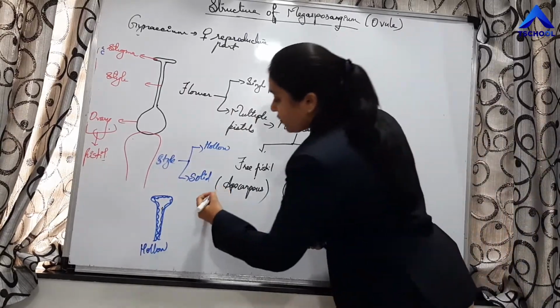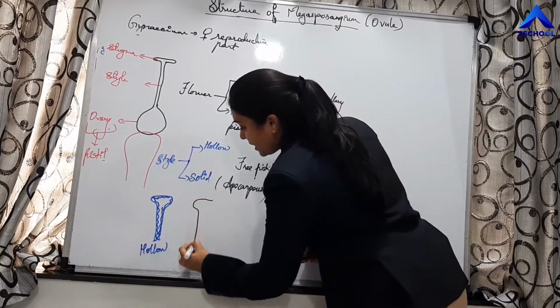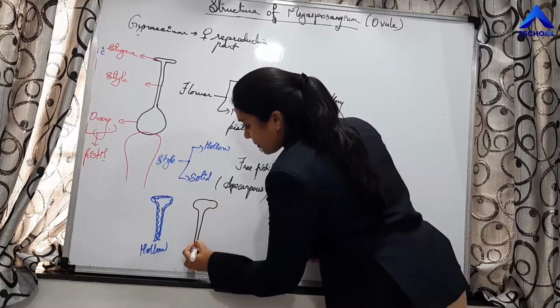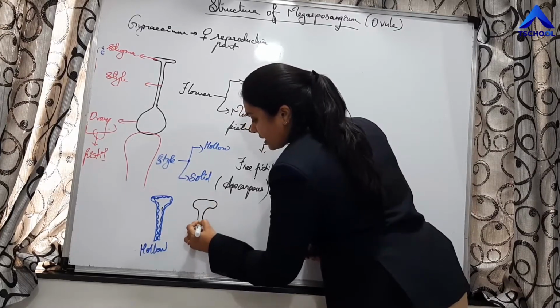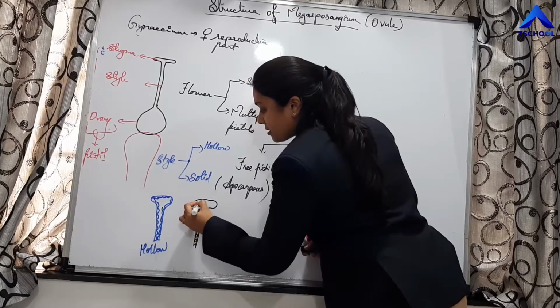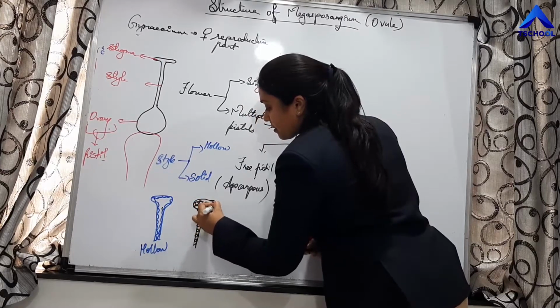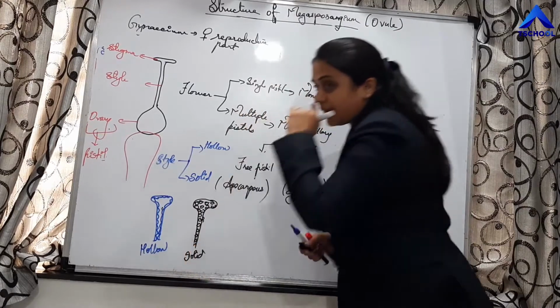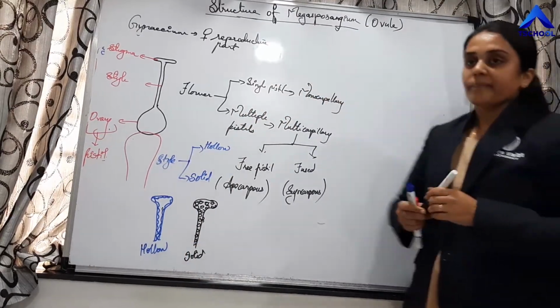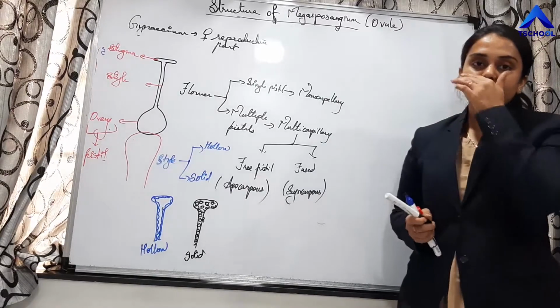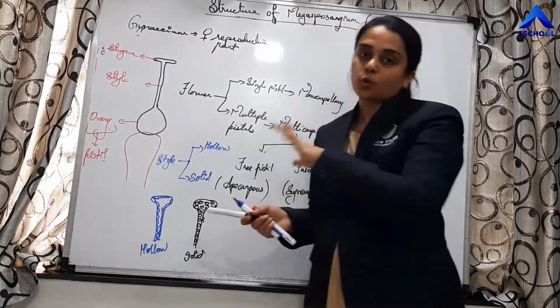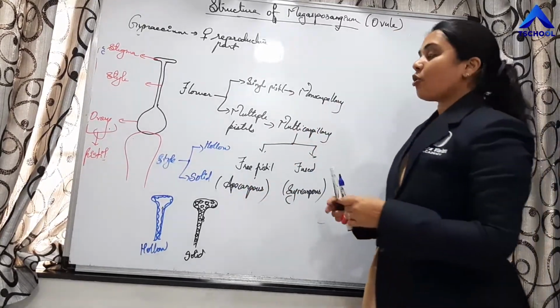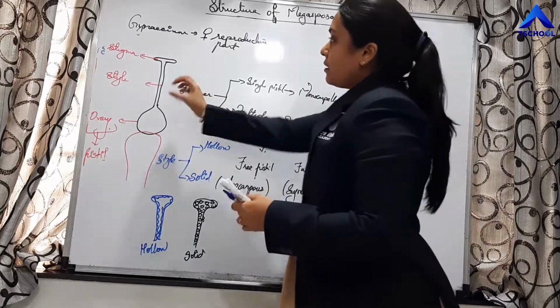But if the style is completely filled with cells, such a style is called a solid style. So there are two types of styles, hollow style and solid style, right?